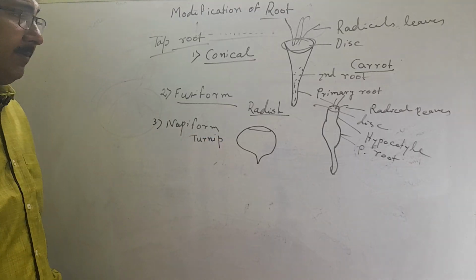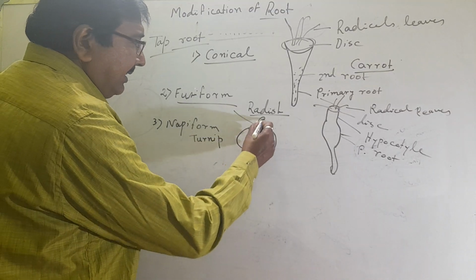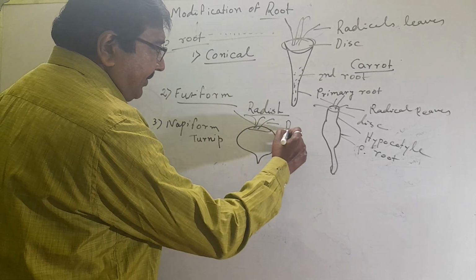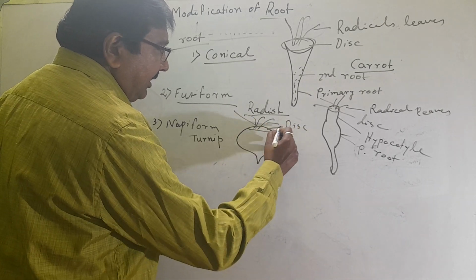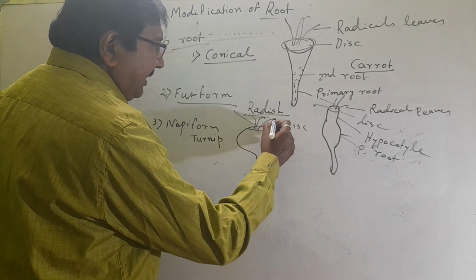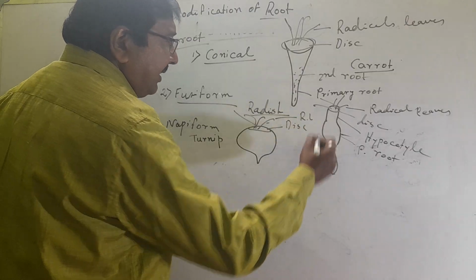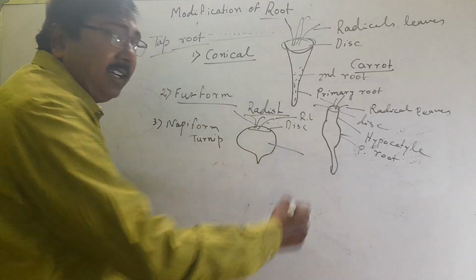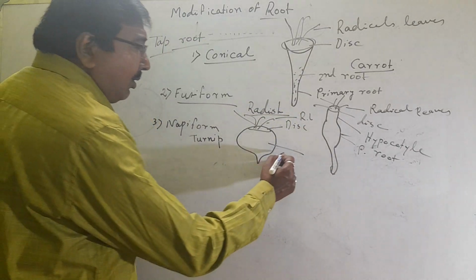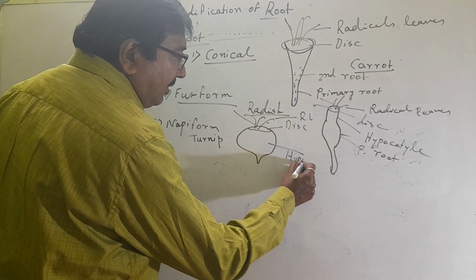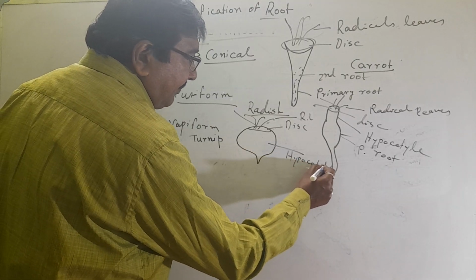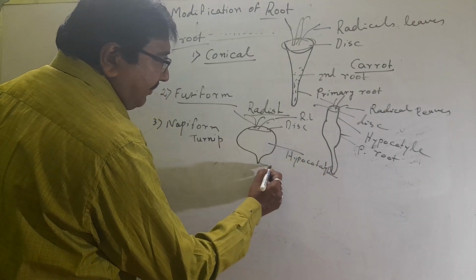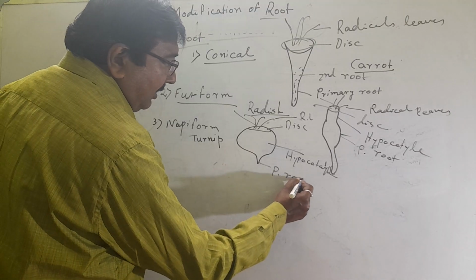Example of napiform. The upper part is called the disc. This is radical leaves. This one is called hypocotyl, and this is the primary root.